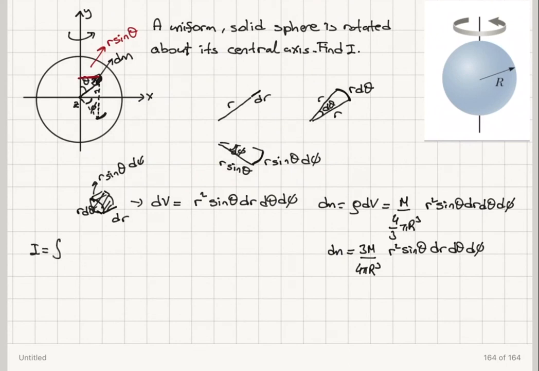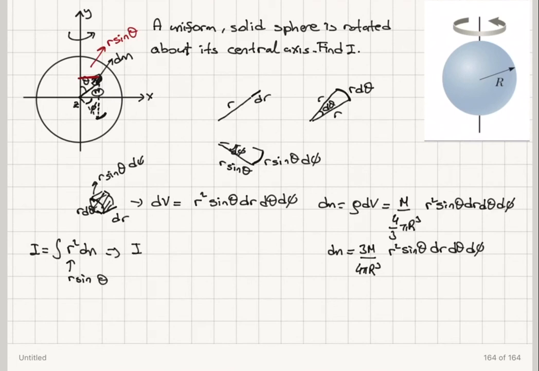So for each such mass element, the moment of inertia will be integral r squared dm. Well, this r is not this r, it is r sine theta.